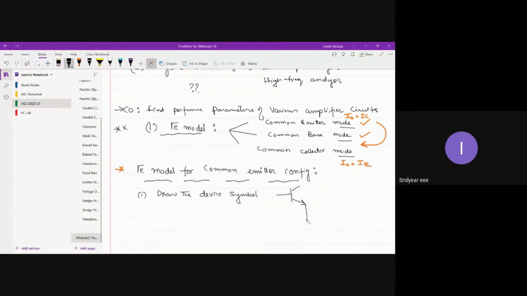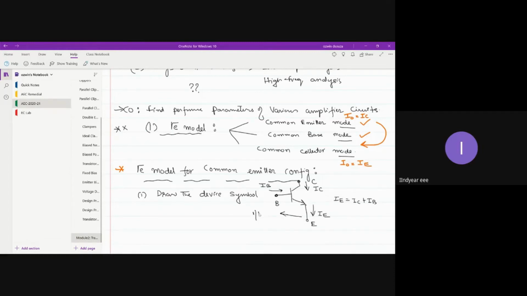So for common emitter configuration, let me draw the device symbol. Over here I am choosing an NPN transistor, with base, emitter and collector terminals. Then you mark the currents: emitter current, base current and collector current, such that emitter current IE is the summation of the 2 transistor currents.